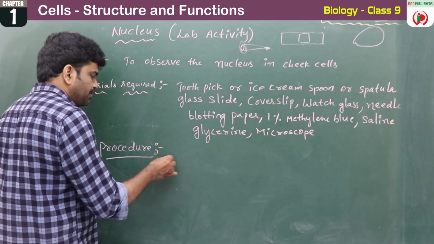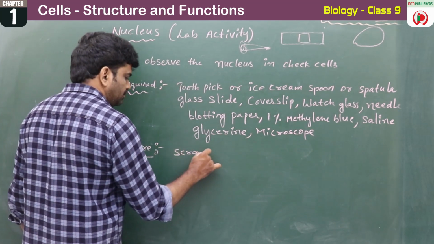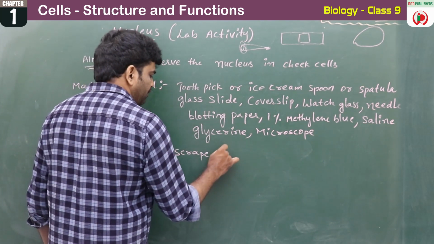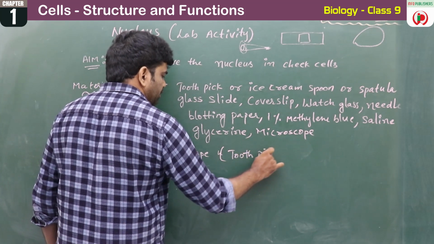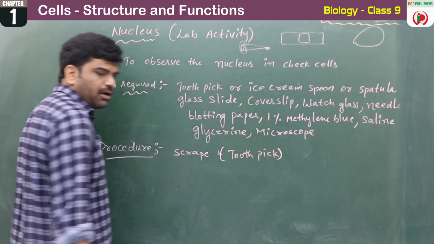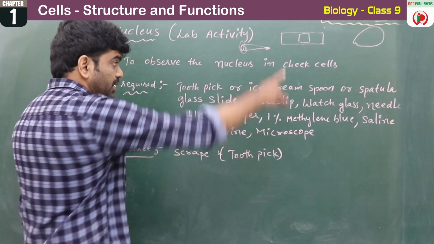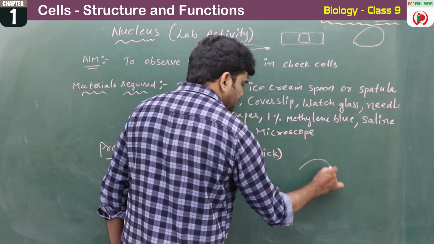So first step, just scrape. Okay, we have taken the scrapie with the help of toothpick. In the second step, what you have to do? In the second step, take a watch glass. So that is the watch glass. See, I am taking the watch glass here.